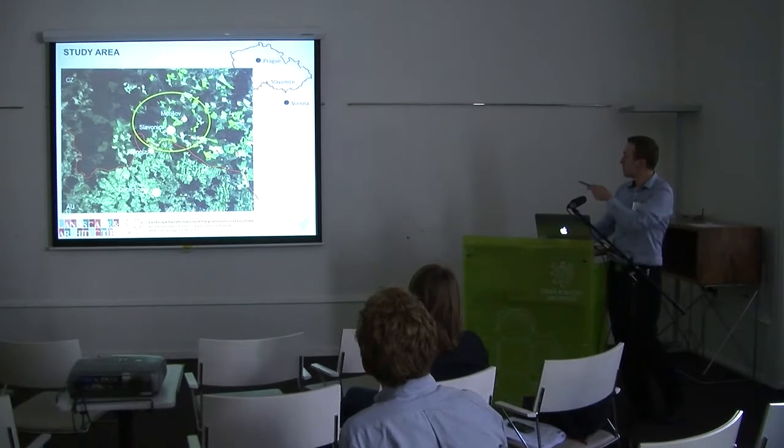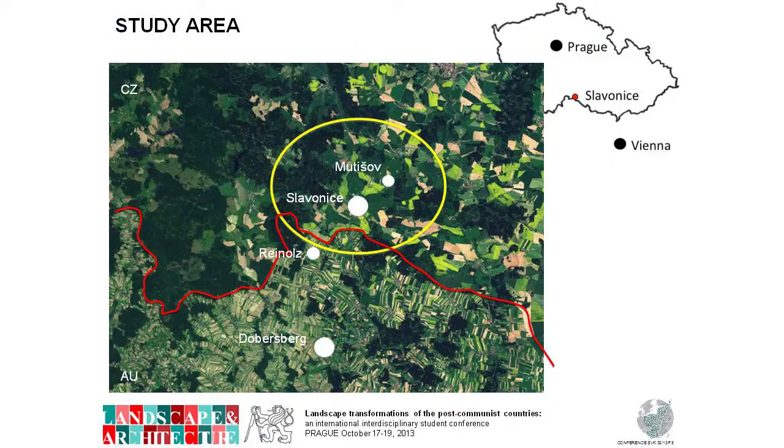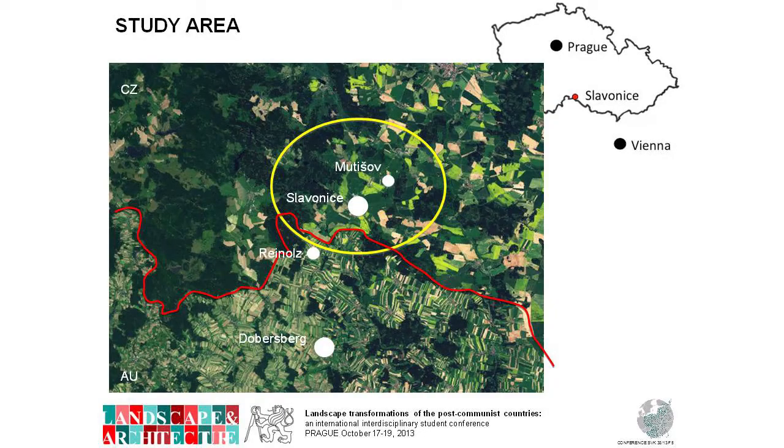The town of Slavonice is just like 1 or 2 kilometers from the border. I will also talk about two small villages close by in the neighborhood of this town, Mutišov on the Czech side and Reynolds on the Austrian side.